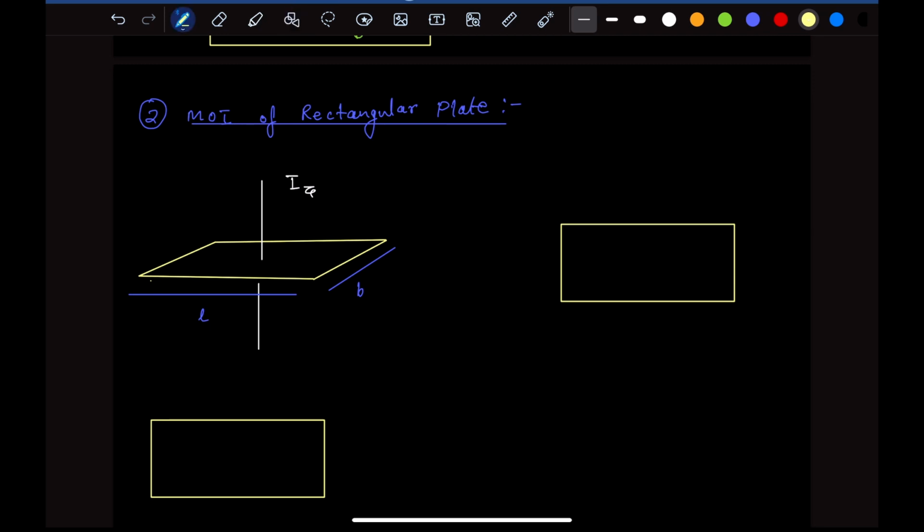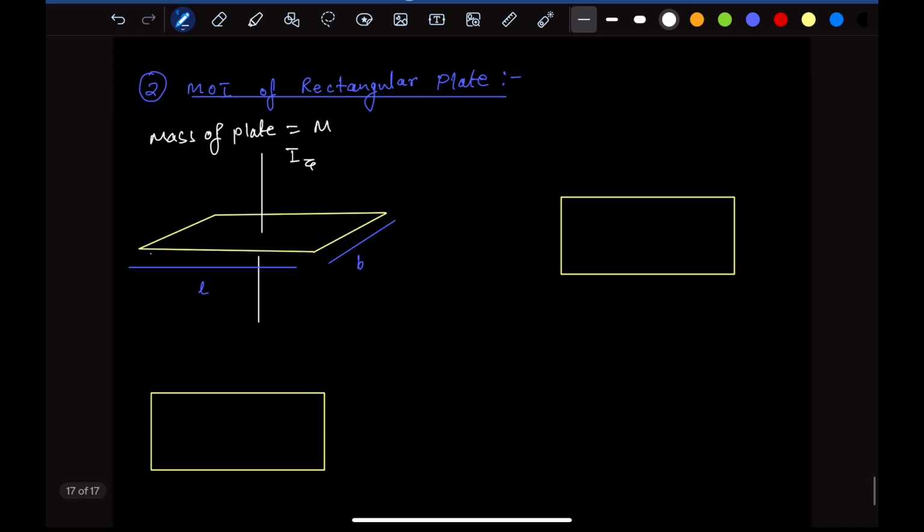Consider the mass of this plate, or sheet, is m, and I need to find out Iz. So in this case I am directly calculating Iz. Again we know that we cannot calculate by integration. So what we will do, we will use the perpendicular axis theorem.